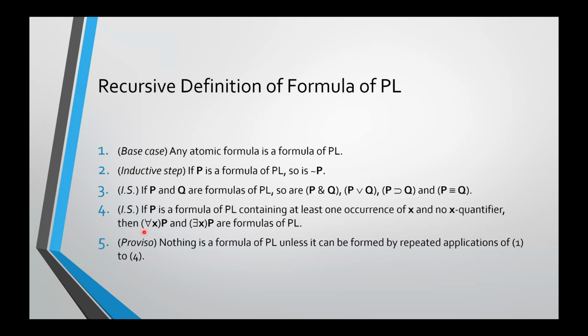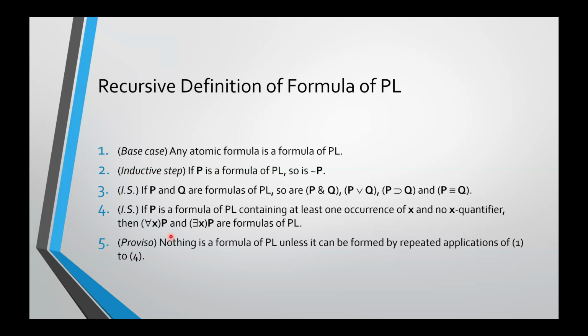And then you've got a three-part inductive step. So these two parts here are basically just the inductive step from the definition of sentences of SL, right? If you have a formula of PL, then its negation is a formula. If you've got two formulas of PL, then the results of adding the sentential connectives of SL make more formulas.